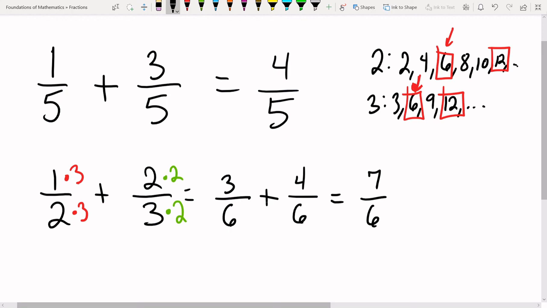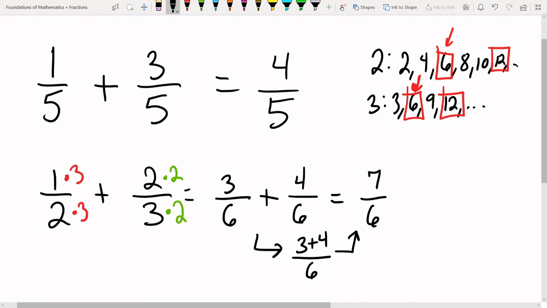We're leaving the denominator the same because that's kind of the reference portion, right? We're referencing sixths. That's how many we're adding up. The numerators are what we are adding, the 3 and the 4. So really you could say that 3/6 plus 4/6 is 3 plus 4 sixths. And that gives us that answer there.